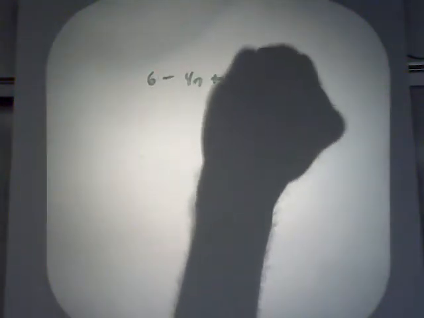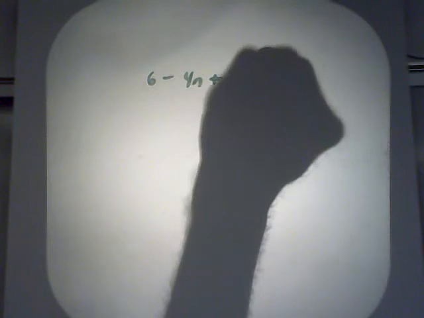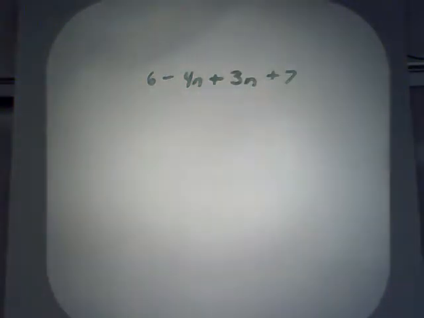Here we go. We got 6 minus 4n plus 3n plus 7. Okay, take care of any lonely letters, any missing signs, circle them, and let's see what you get. We'll try a few of these to make sure you got this.